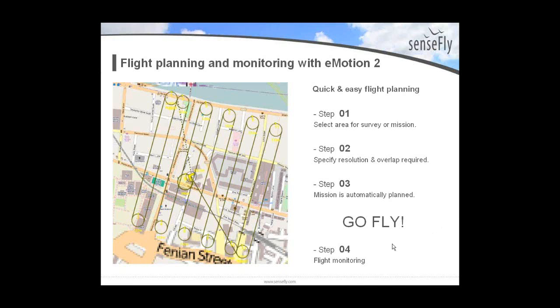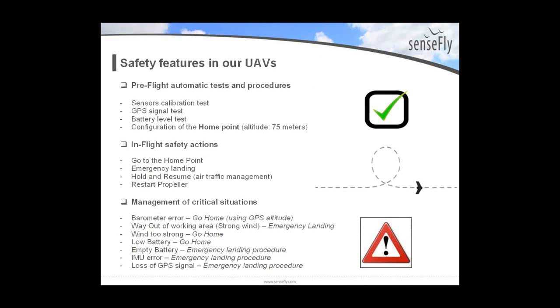So, the eBee comes with two batteries. That gives you 90 minutes of survey. If you so desire, you can purchase extra batteries, extra wings. Anyway, some of the safety features in our UAVs: pre-flight automatic test procedures. Like I said, once you plug in the battery, you've got to set the eBee at a level position on the ground, and it'll go through a calibration check.